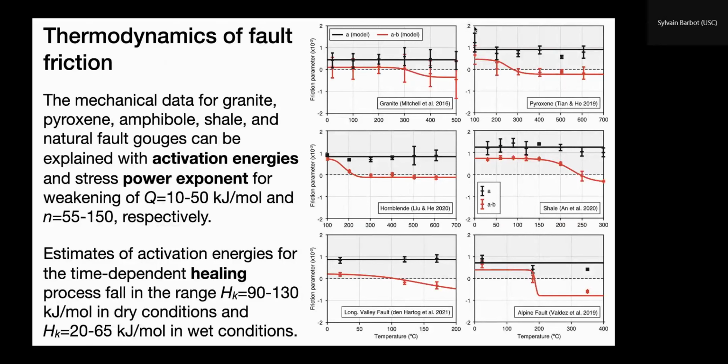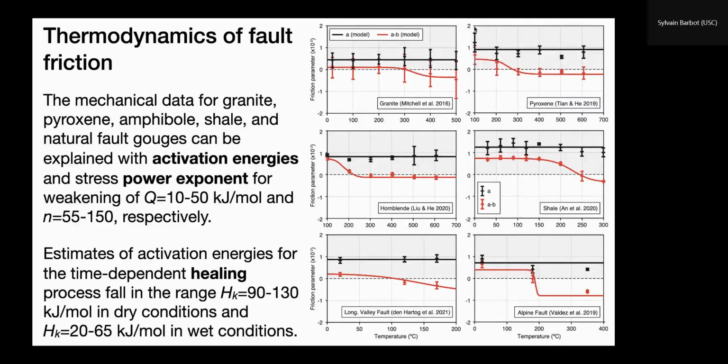But the minerals are selected. But then there's also natural gouge samples, particularly two that were selected from the Longitudinal Valley fault, and another from the Alpine Fault in New Zealand from a drilling project. So it covers synthetic and natural gouge from many different tectonic environments that are relevant for natural seismicity.